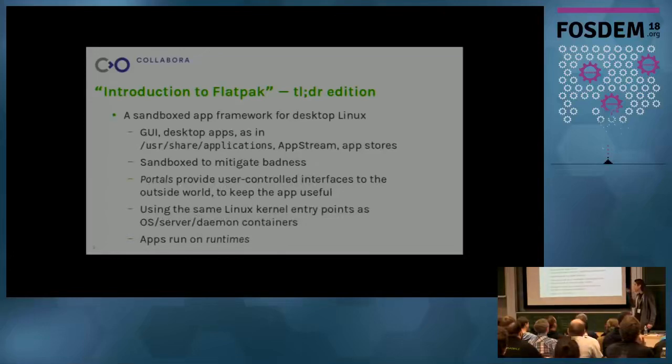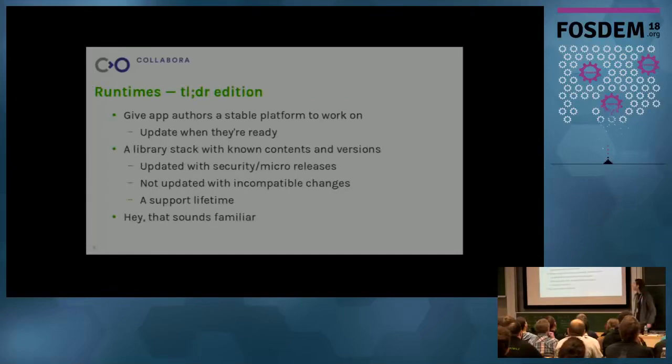And the thing that is important for how these relate to distributions is that an app runs on a runtime. So the idea of a runtime is a Linux distribution is fine as a stable platform, but if you want your app to run on Debian and Fedora and Debian from this year and also Debian from 5 years ago, you don't really know what you're going to get.